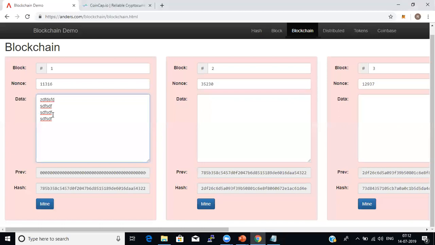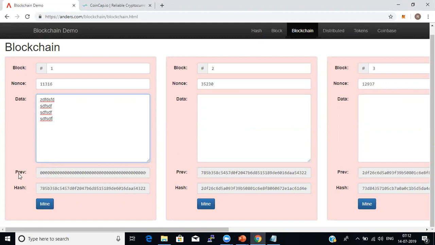Generally data, transactions, or records may be interchangeable, so data is nothing but transactions. And this is the previous block hash. If it is the first block in the blockchain, the Genesis block, it doesn't have any previous block hash code, so we put all zeros.